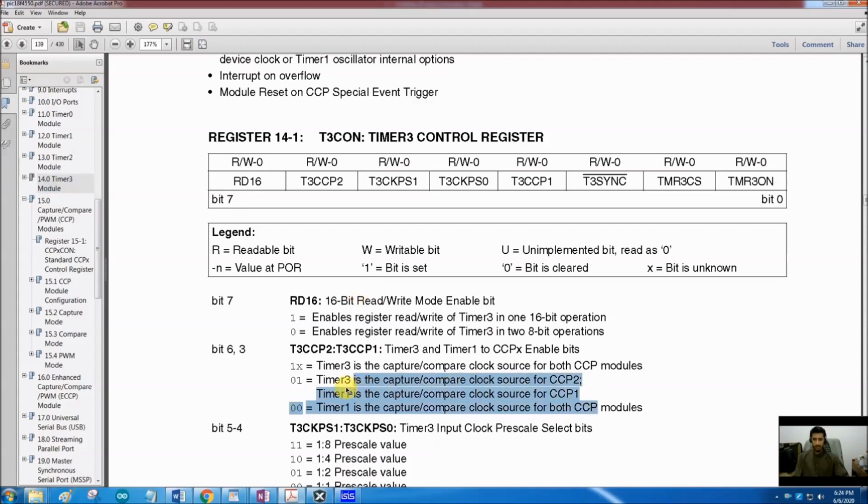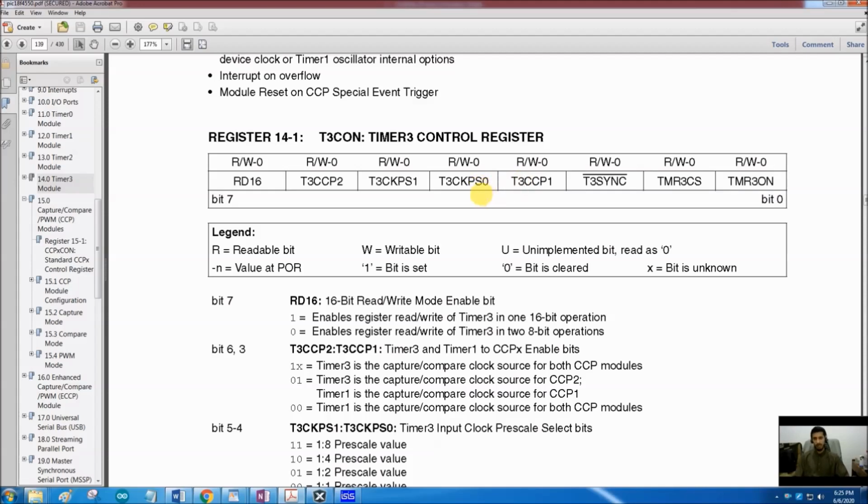The second option here: Timer 3 for CCP2 and Timer 1 for CCP1. So we want to select 0, 1 for these two bits, T3CCP2 and T3CCP1, and mind that when setting values for the T3CON register, T3CCP2 and T3CCP1 are not together.